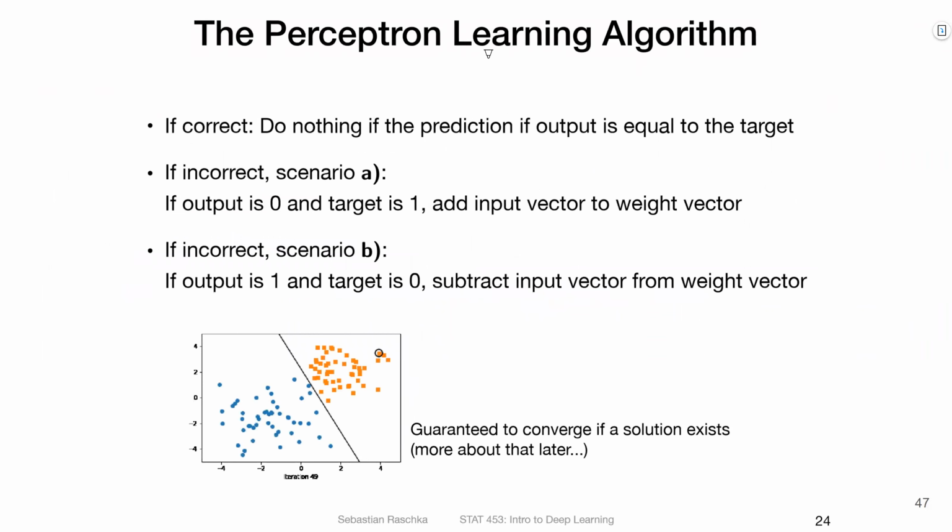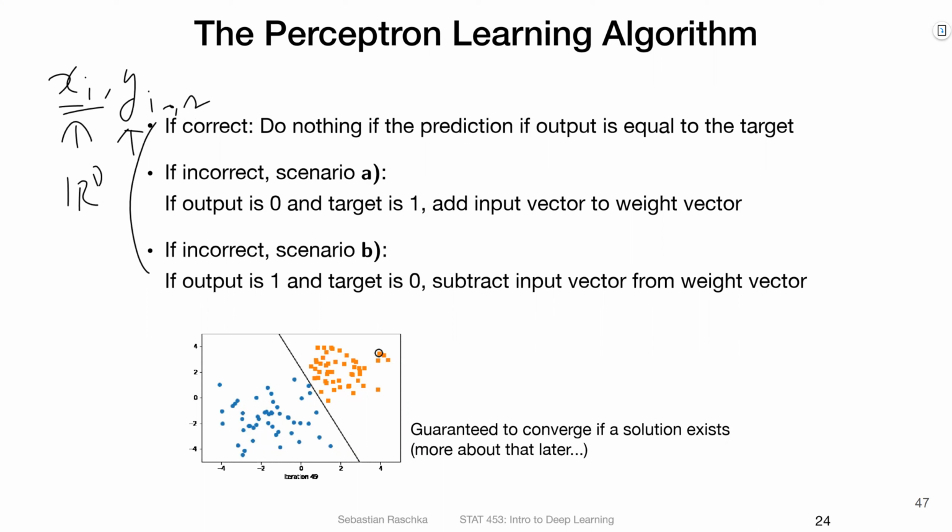And the perceptron learning algorithm is quite simple. There are 3 cases. We first feed this input data. This is the input in R^d, and this is the label we want, 0 or 1.